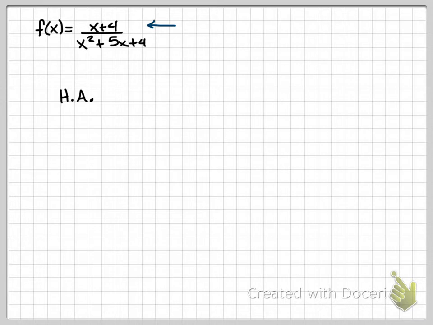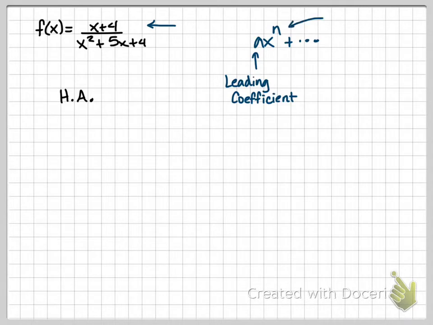If you remember last unit, we had ax to the n, where a was our leading coefficient and n is our highest exponent, that's our degree. So when we're looking for our horizontal asymptotes, we need the degrees of the top and bottom functions.